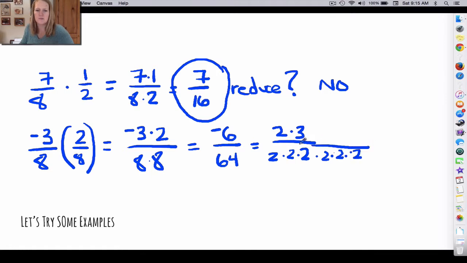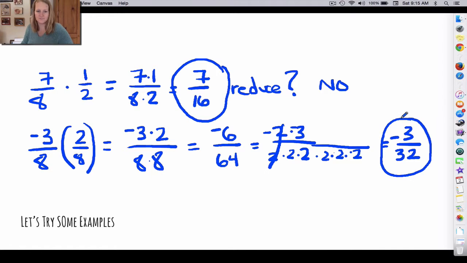Okay, so a lot of 2's. There's a common factor there. And so we would have 3 over 32. And we don't want to forget that there was a negative in there, right? So you can have that be here or be here, wherever. And that is my answer.